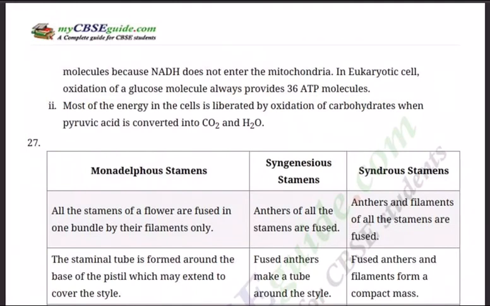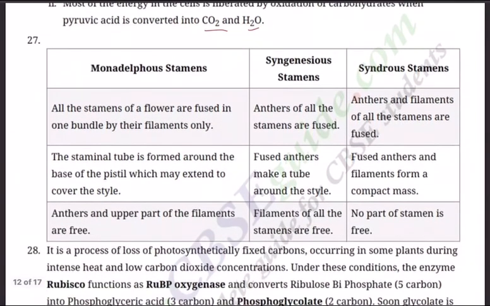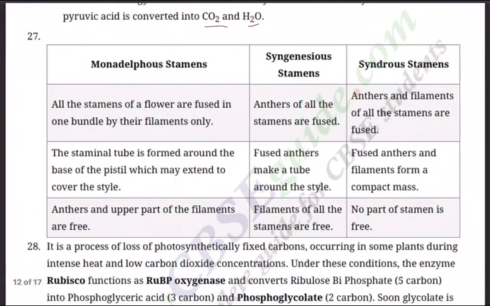In a eukaryotic cell, oxidation of one molecule of glucose always provides 36 ATP molecules. Most of the energy in the cells is liberated by oxidation of carbohydrates when pyruvic acid is converted into CO2 and H2O.